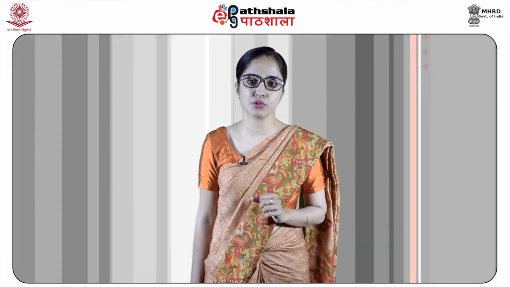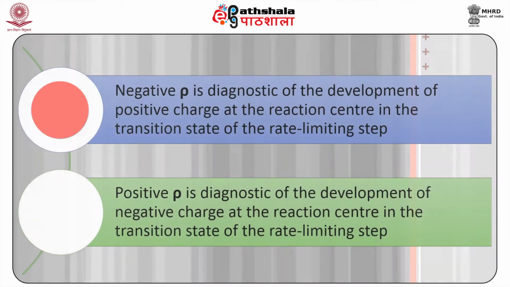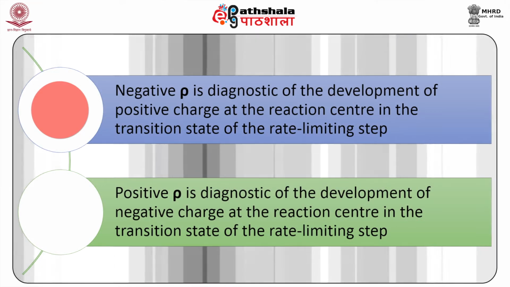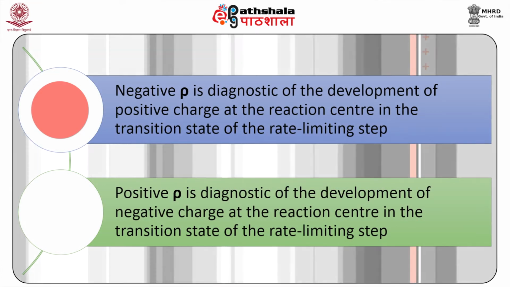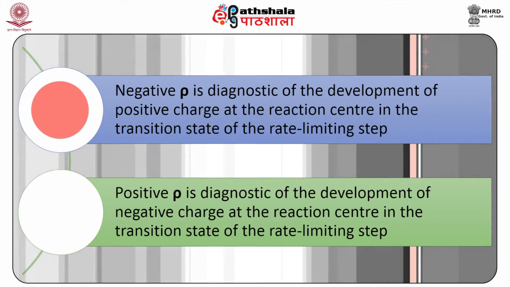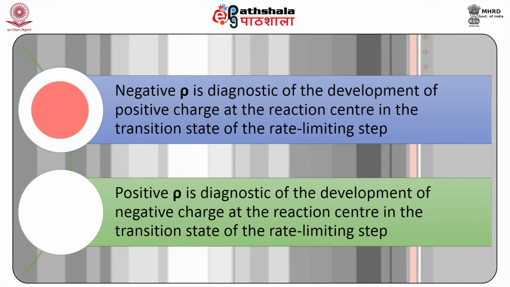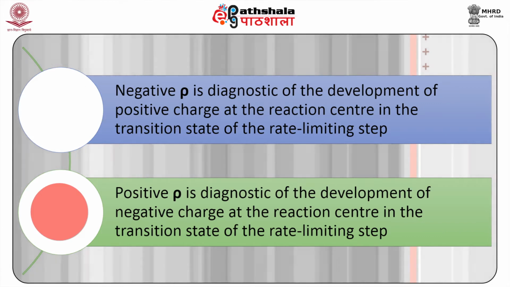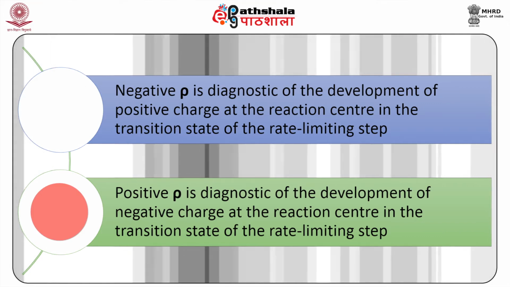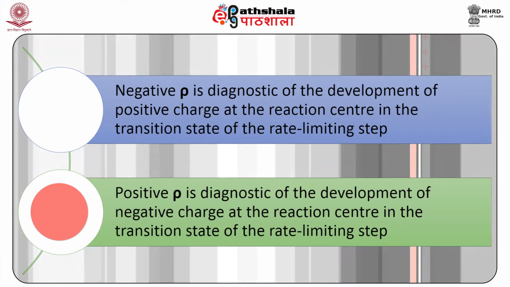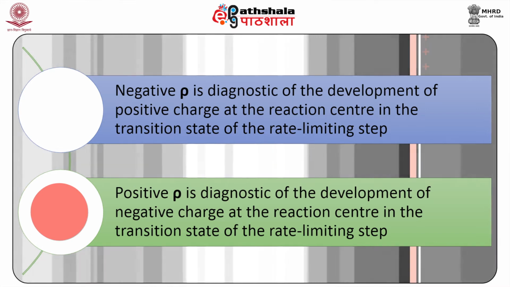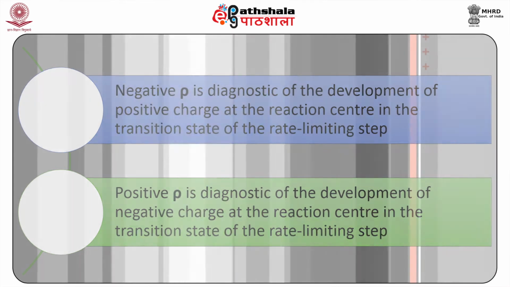The sign of the slope tells whether a reaction rate is accelerated or suppressed by electron donating versus electron withdrawing substituents which are present. Negative rho is diagnostic of the development of positive charge at the reaction center in the transition state of the rate limiting step. However, the positive rho value is diagnostic of the development of negative charge at the reaction center in the transition state of the rate limiting step.